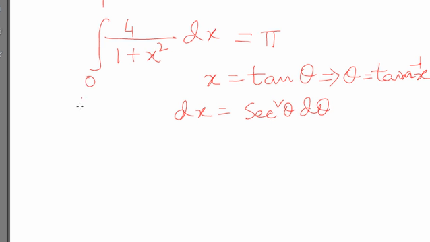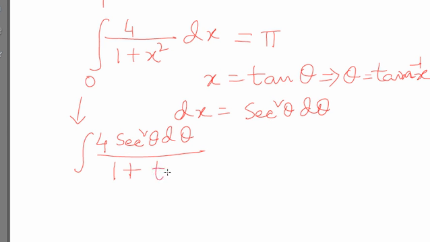Now substitute in this expression, the indefinite integral. 4 dx will now become 4 sec square theta d theta, and in the denominator it will be 1 plus tan square theta, and 1 plus tan square theta is sec square theta. So this and this cancel out.